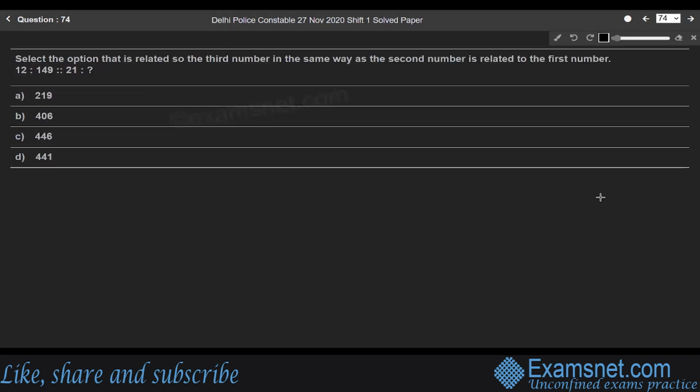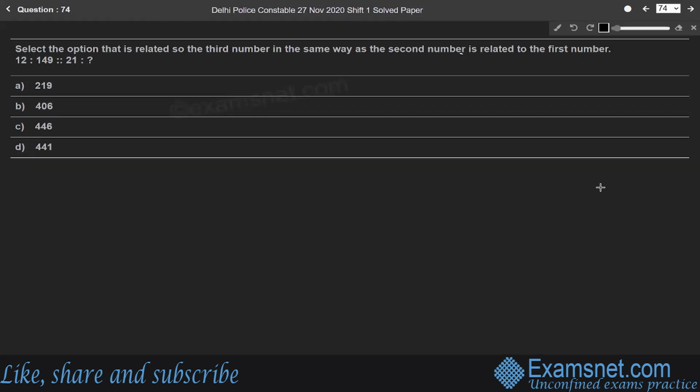Question 74. Select the option that is related to the third number in the same way as the second number is related to the first number. Here 12 is related to 149 in such a way that 12 square plus 5 is equal to 144 plus 5, which is 149.